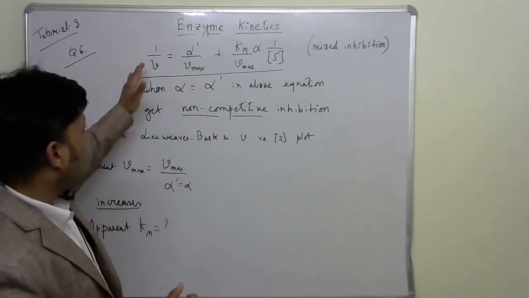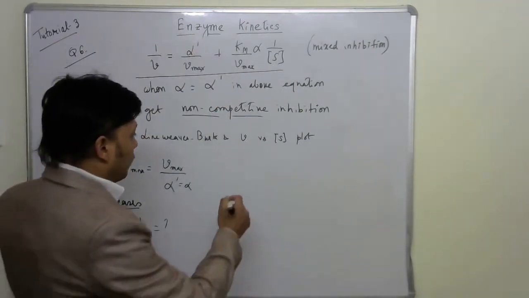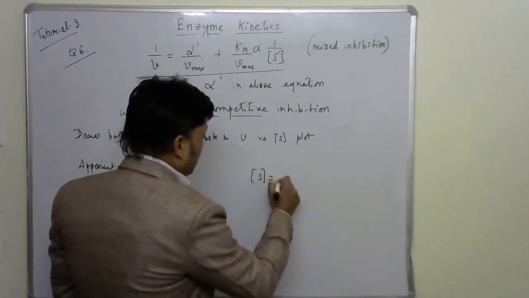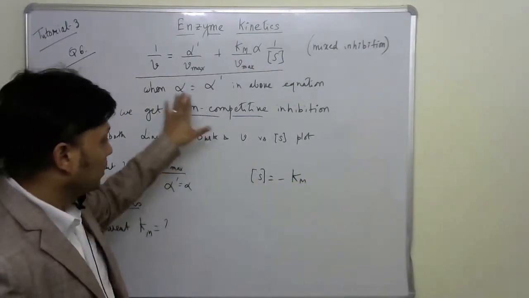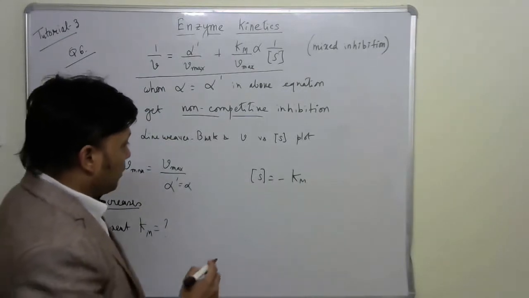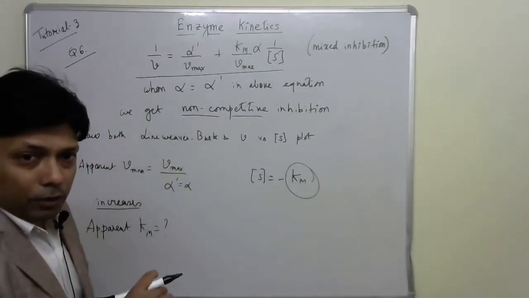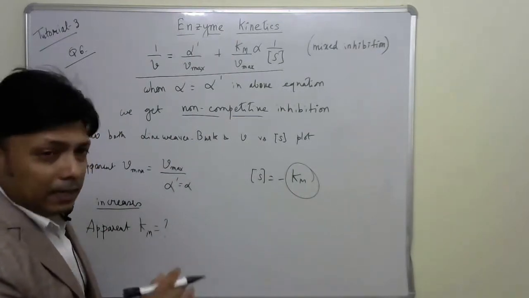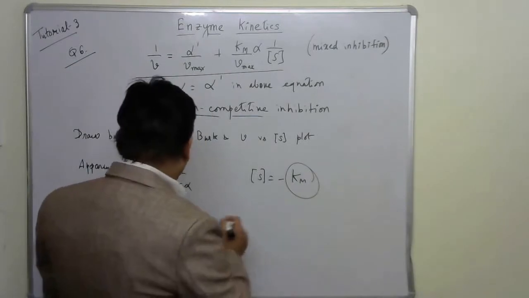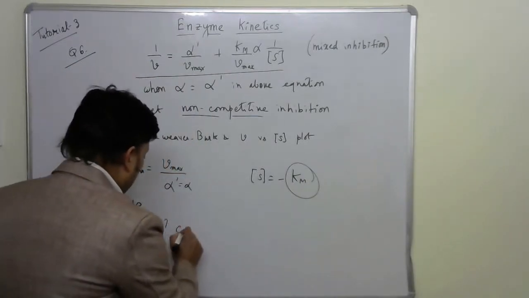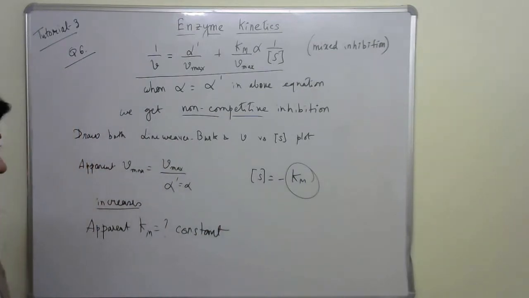Here alpha is equal to alpha prime, so these two cancel out. Finally, we get S is equal to minus Km. That means the apparent Km does not contain any alpha or alpha prime value. Therefore the apparent Km is constant. So the answer is the apparent Km does not change with increasing I.